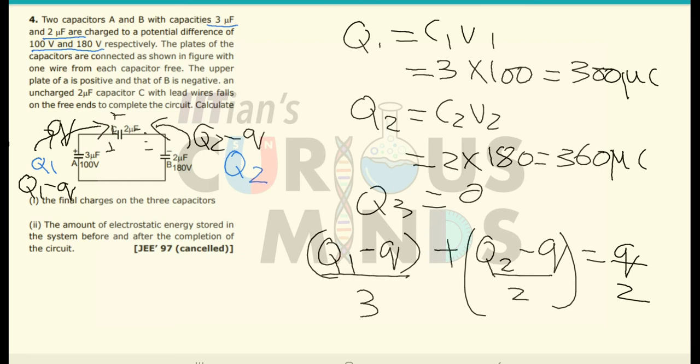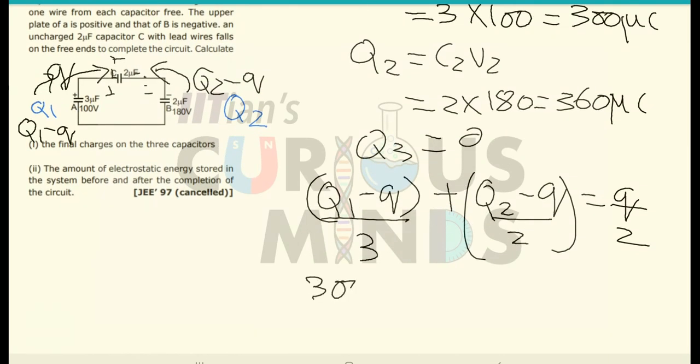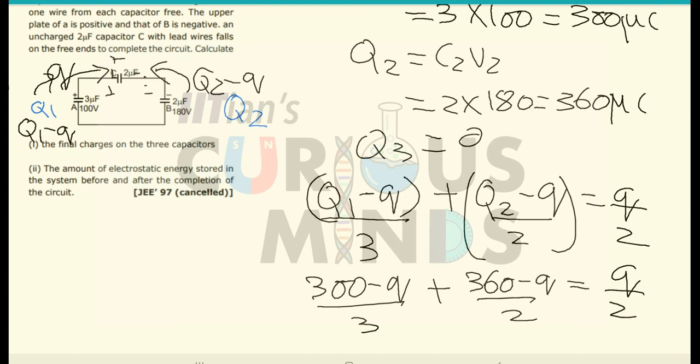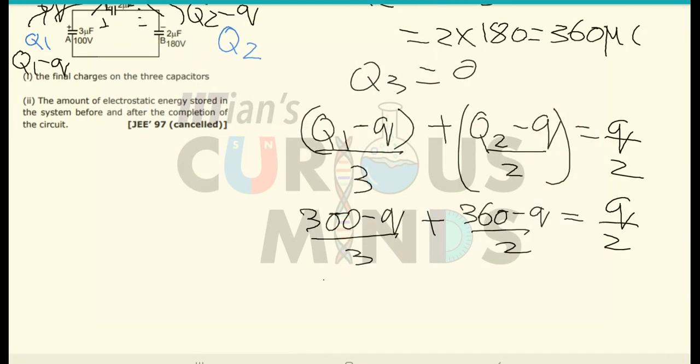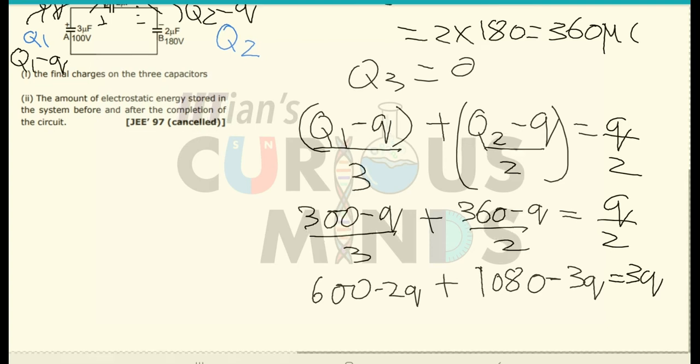Now Q1 over here is 300, so 300 minus Q divided by 3 plus Q2 is given as 360, so 360 minus Q divided by 2 is equal to Q divided by 2. If I multiply the whole equation by 6, it will be 600 minus 2Q plus, multiplied by 3, 1080 minus 3Q is equal to 3Q.